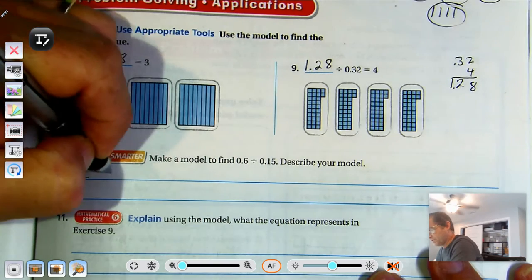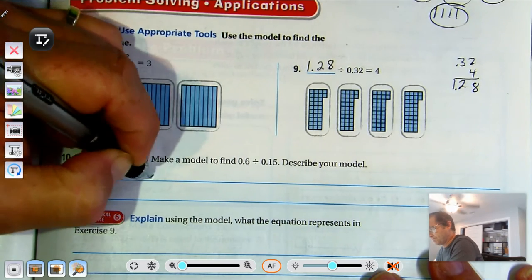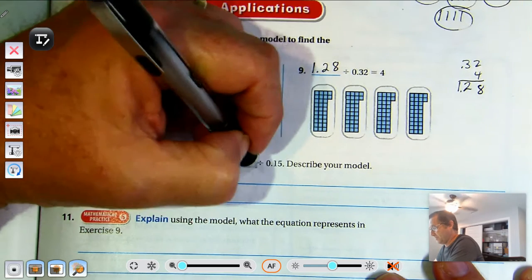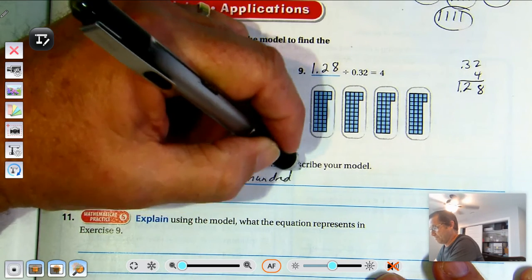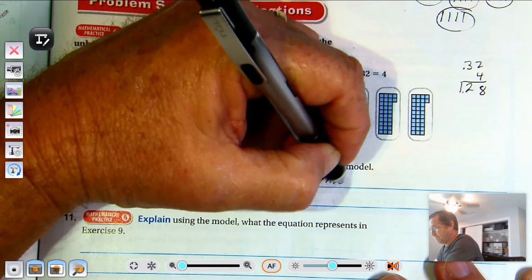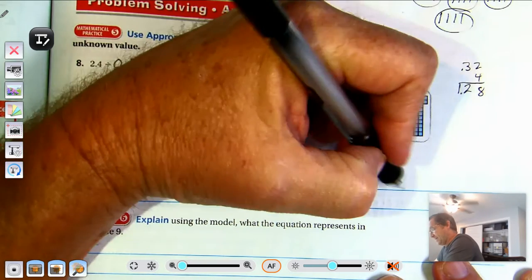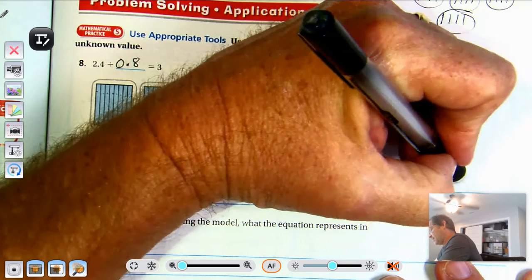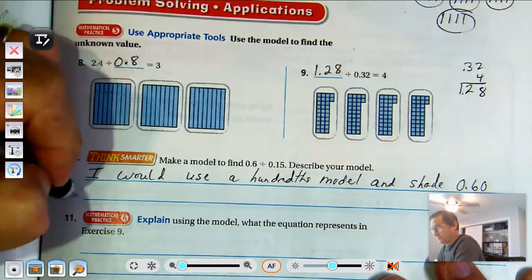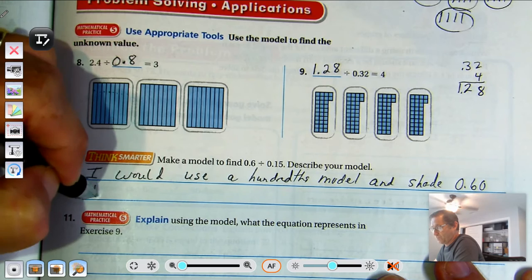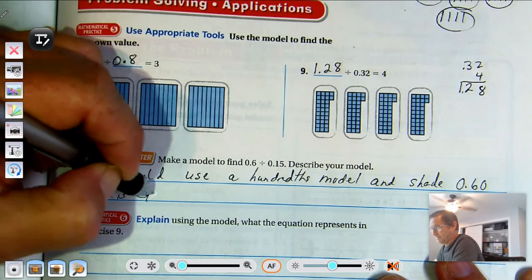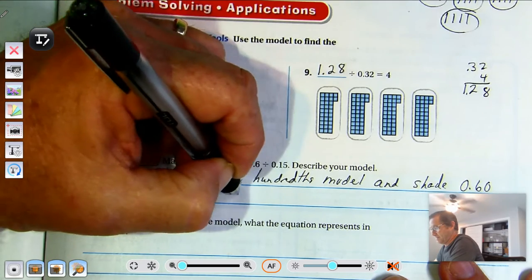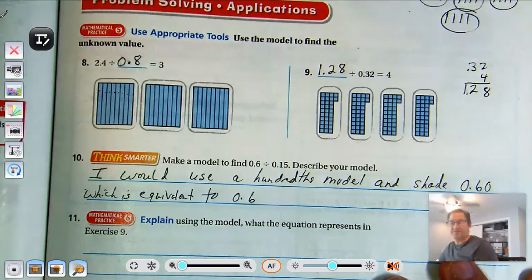So I would use a hundredths model and shade 60 hundredths, which is equivalent to 6/10.